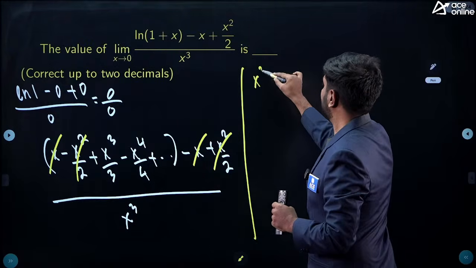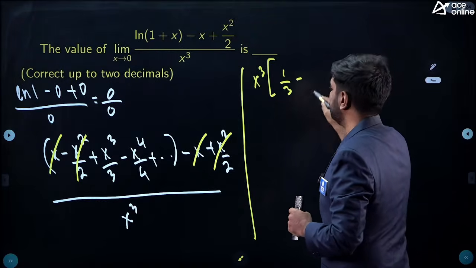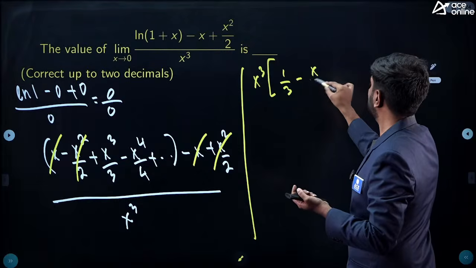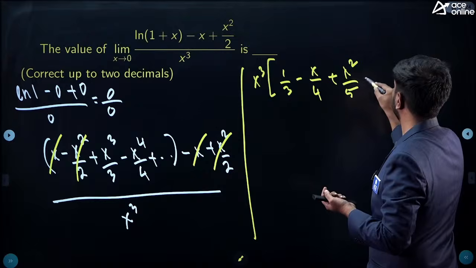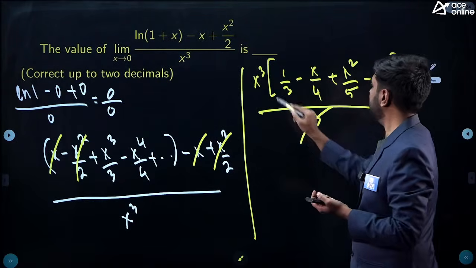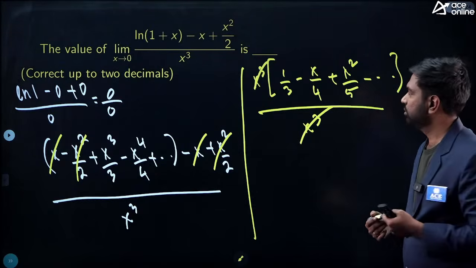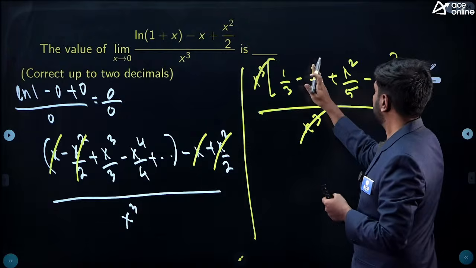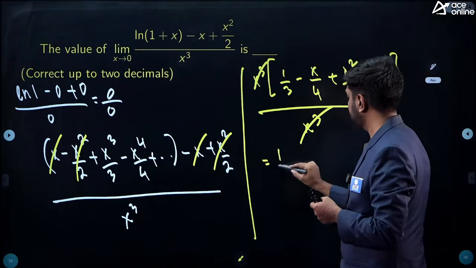So when x cube is taken common, 1 by 3 minus x by 4 plus x square by 5 and so on, by x cube. This cancels, and when you apply the limit, all these terms go to 0, and you are left with 1 by 3.